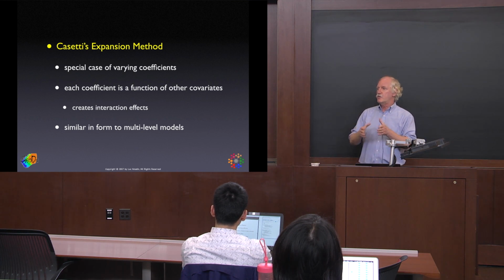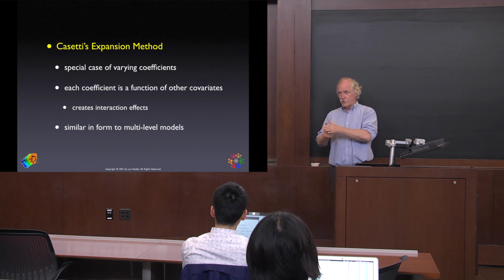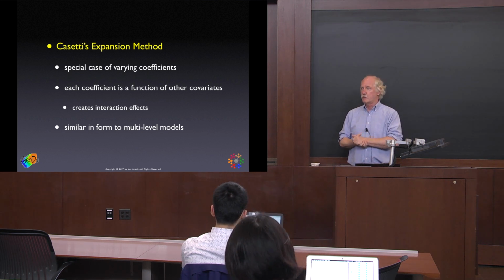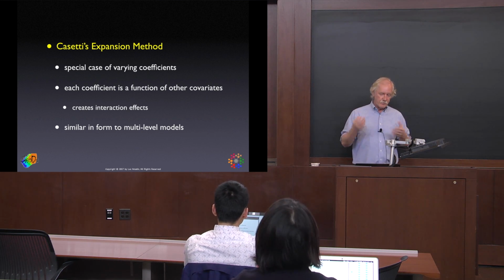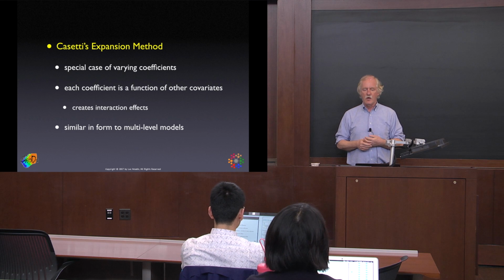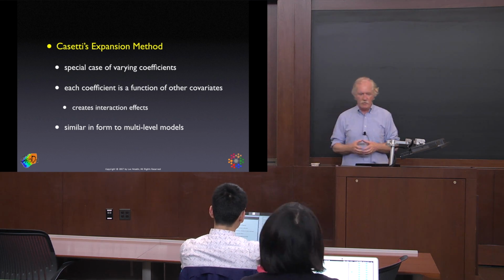The other strand is to actually put variability into the coefficients themselves by making them functions of other variables. So this is just, in essence, a complicated way of creating interaction effects between variables.